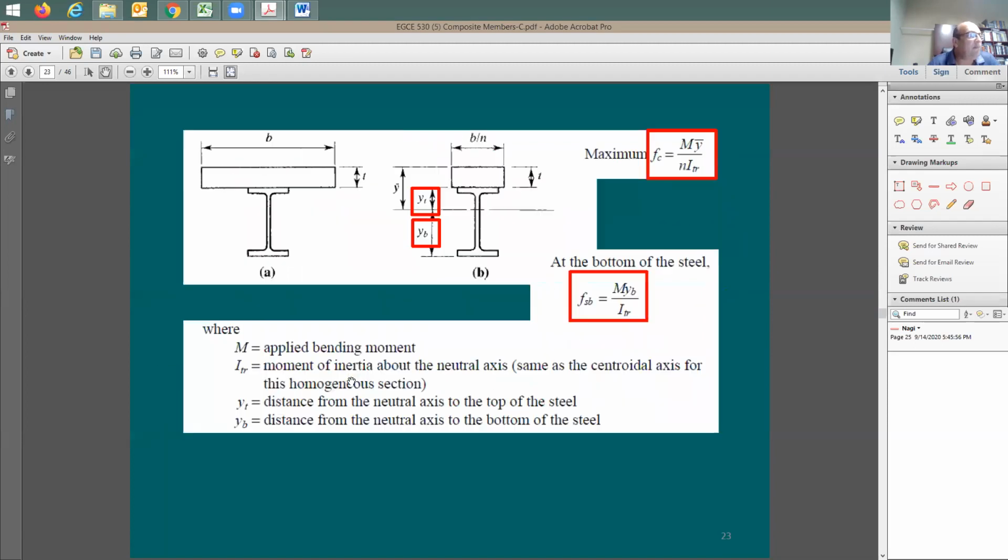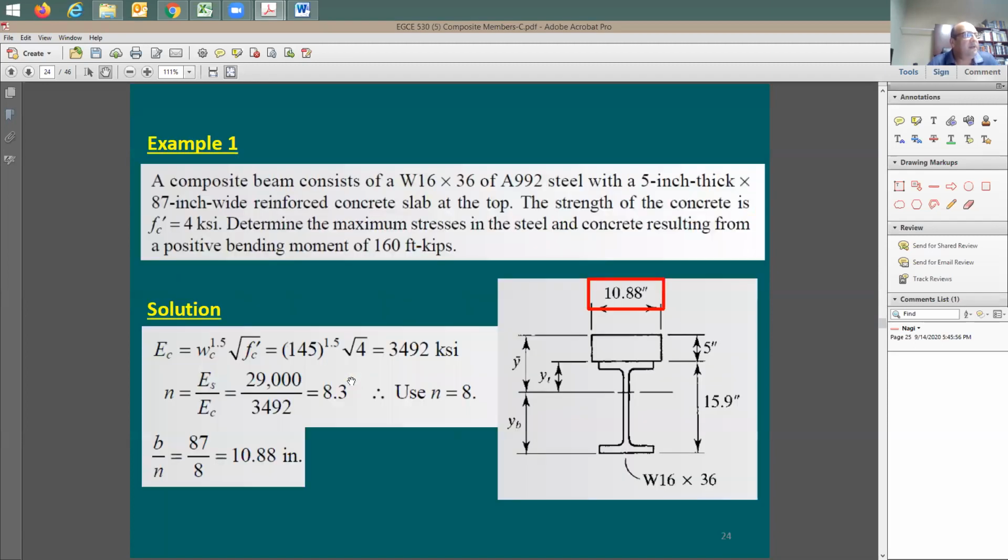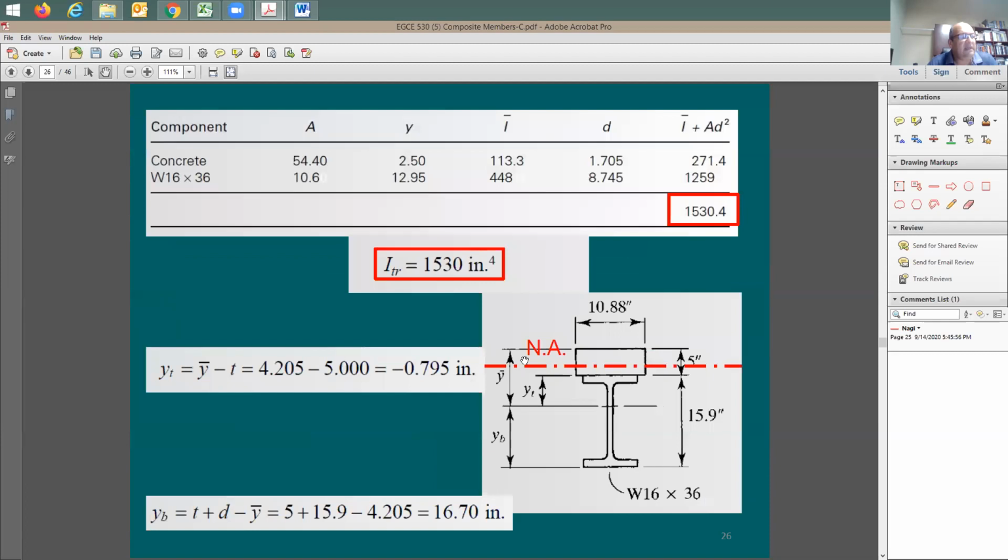So for example, at one point, your C value is going to be the location from the neutral axis to the top of the concrete. If you are interested in the stress on top of the concrete, your C distance, which is called Y top here, if you like, is going to be from here to there.